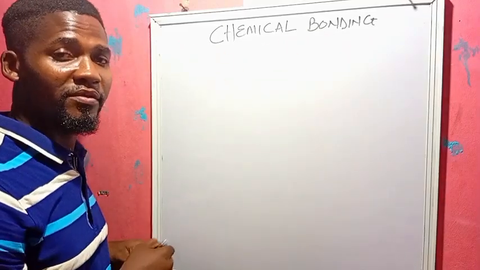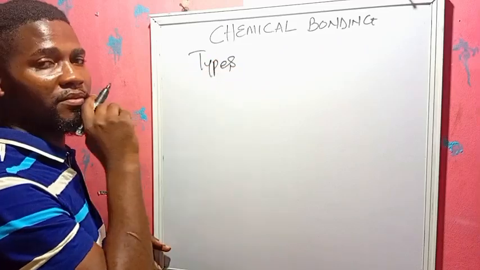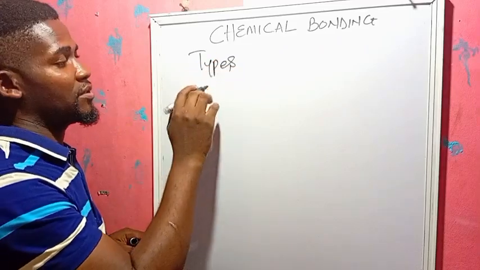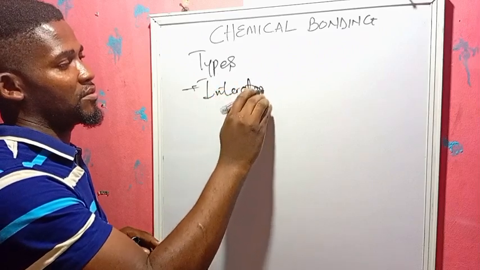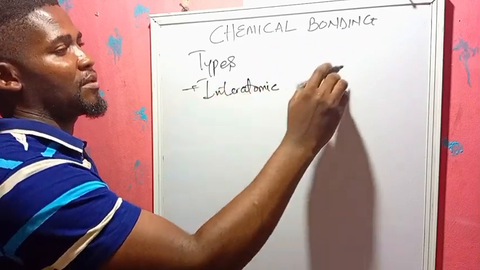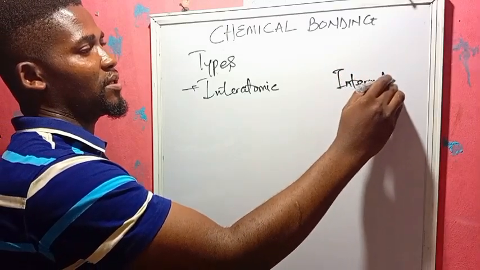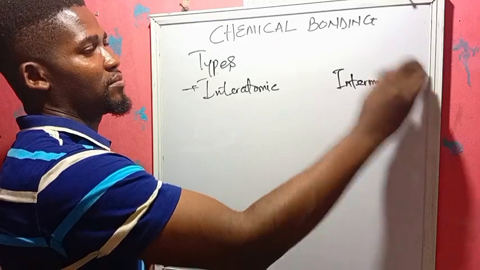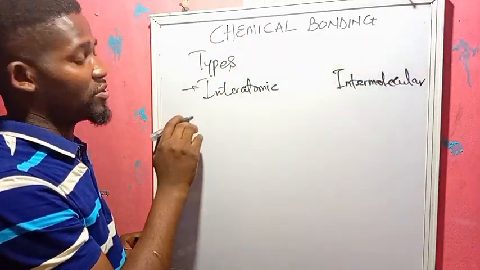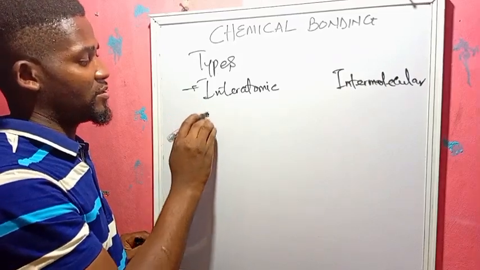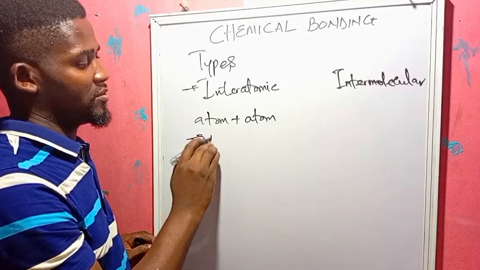Types of chemical bonding. There are two types. We have the interatomic bonding and we also have the intermolecular bonding. In the interatomic, atoms come together. Atom plus atom to give us what?